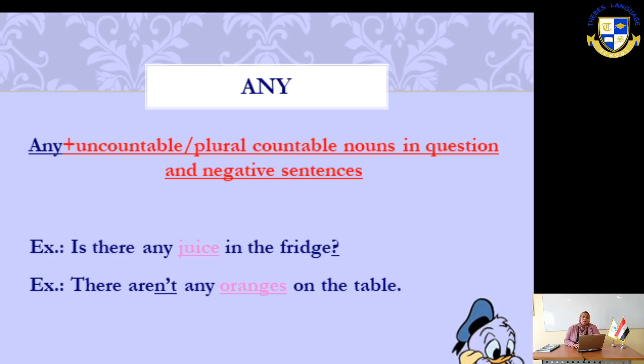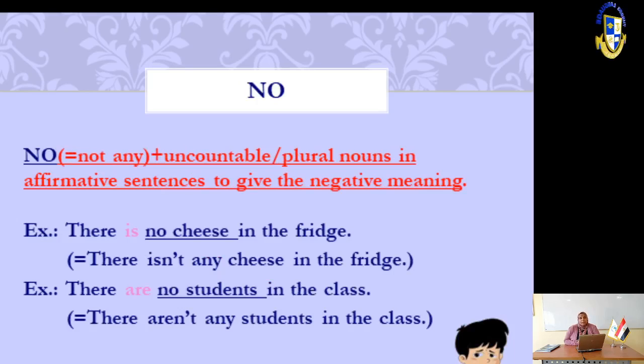Okay, in the next slide, I have another word here. What is no? No means not any. And I use it for the uncountable nouns and also the plural nouns. But the difference between no and any is that I use it in the affirmative sentence to give a negative meaning.